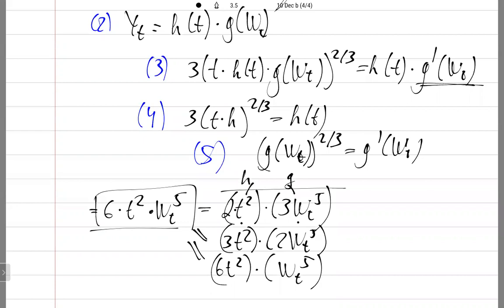It doesn't matter where you put the constant 3. The h and g will be different, but the product will be the same, okay? Okay, thank you.